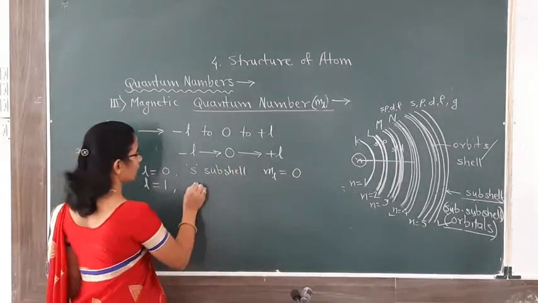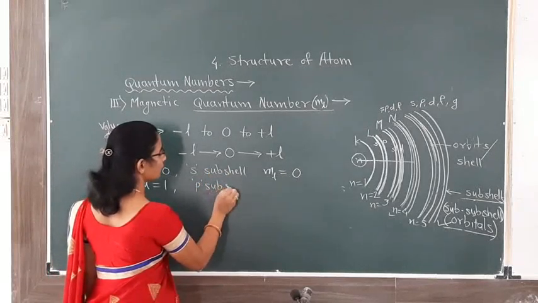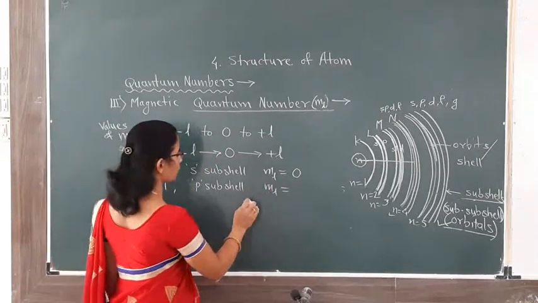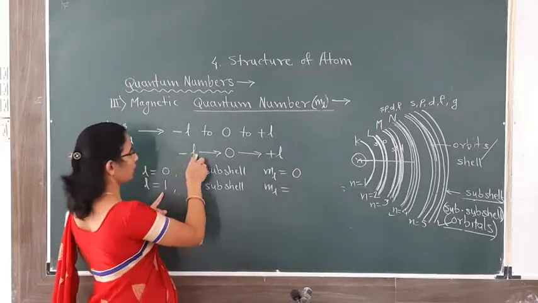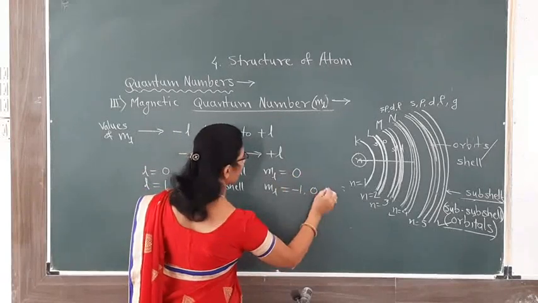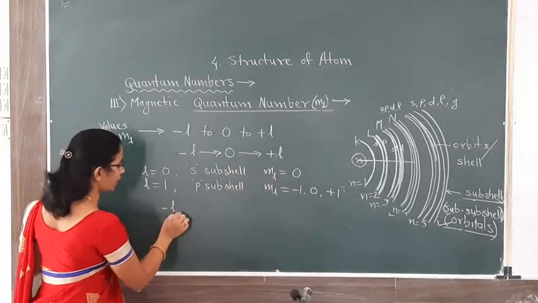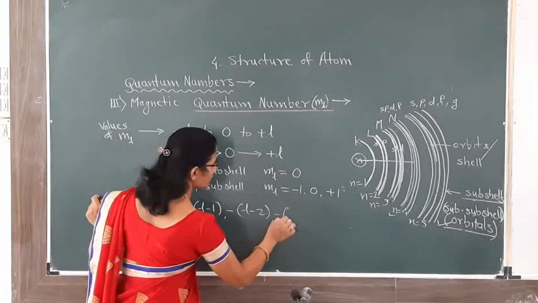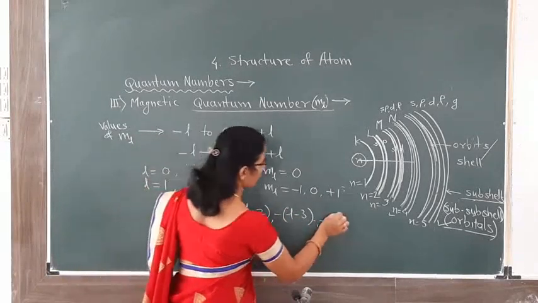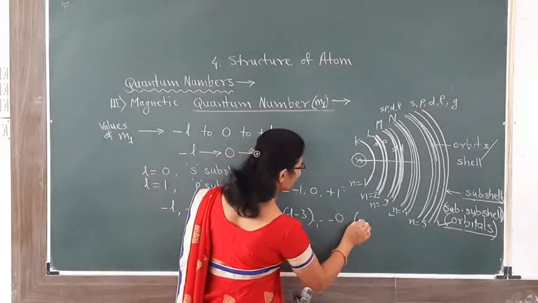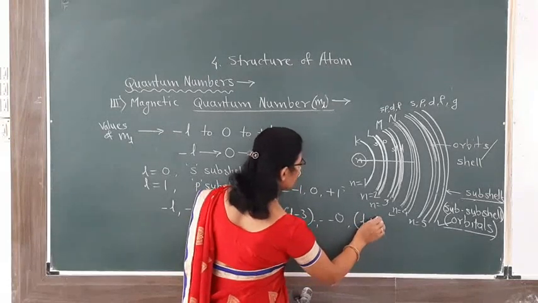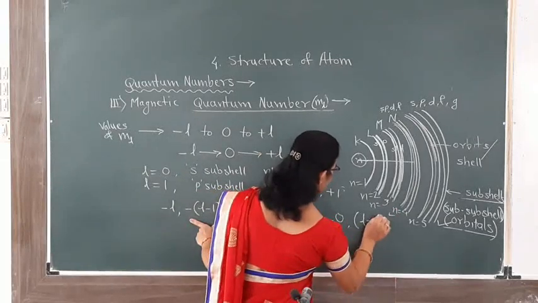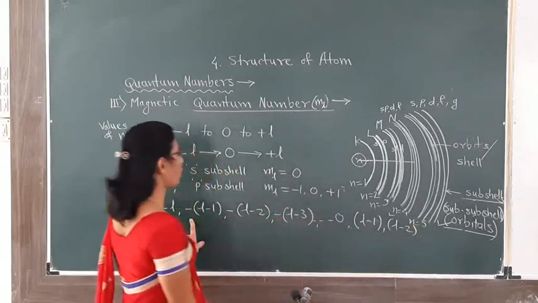If L is equal to 1, the subshell is named the p subshell, and here the subshell has the values of ml as -1, going to 0 and ending with +L, continuing like -L, -L minus 1, -L minus 2 and so on.